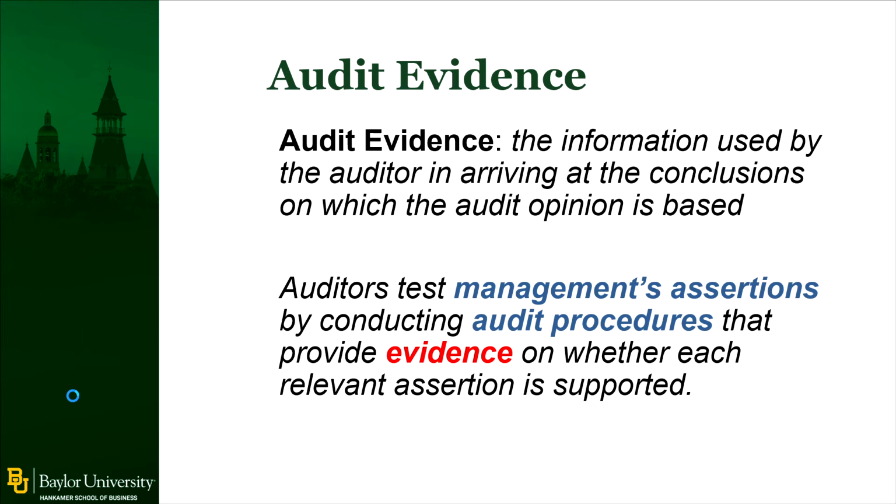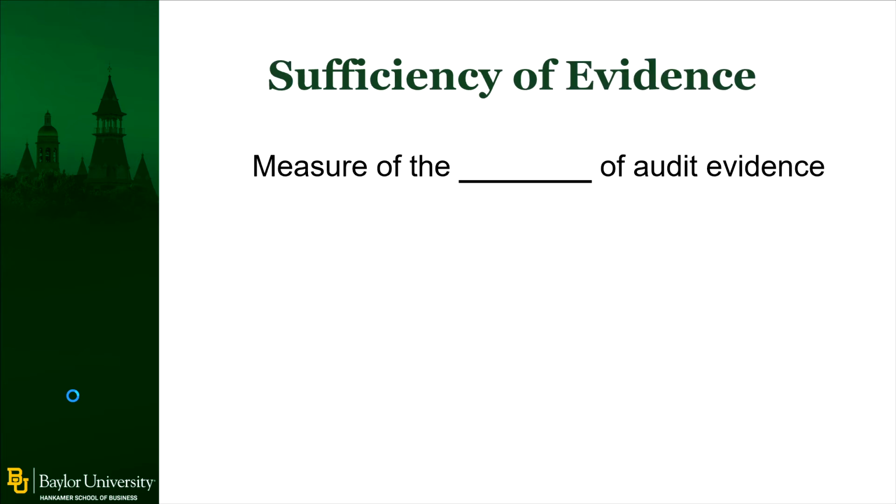Okay, so auditors cannot provide an audit opinion without sufficient and appropriate audit evidence, and the only way to get there is by understanding what assertions are at stake and doing procedures to determine whether or not those assertions are supported. Okay, so what do I mean by sufficient and appropriate audit evidence?